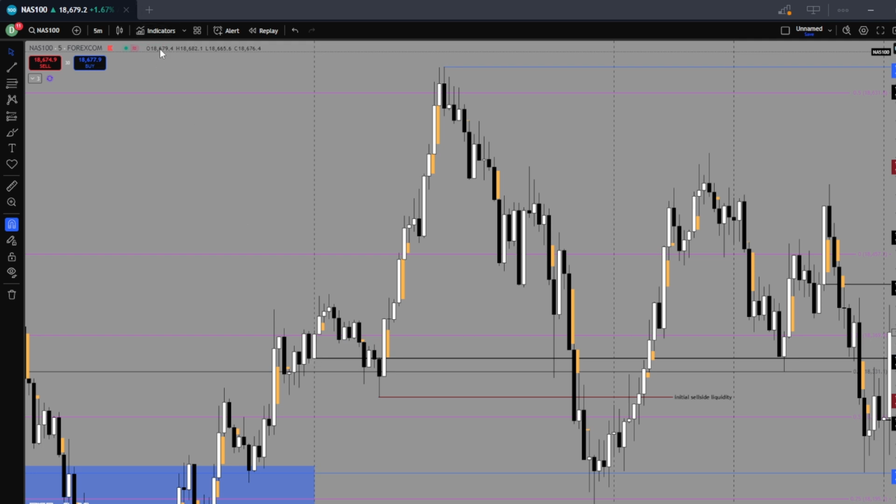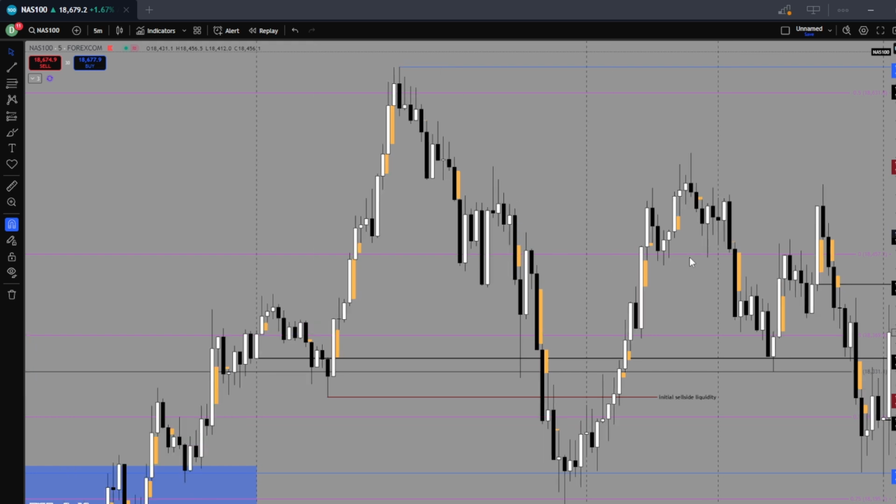You can see here what the opening price is: 18,345.3. That is the midnight open price. That is very important. Midnight opening price, 12 a.m. opening price, is very important. So I have marked that.